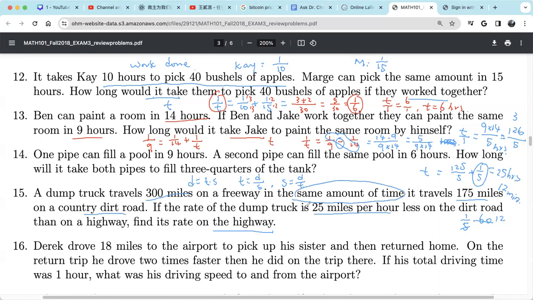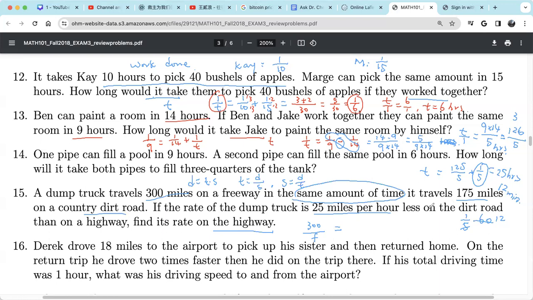So we want to form an equation in terms of time. So the time for the dump truck to travel on the freeway is 300 miles divided by its speed, right? Let's call this speed freeway F.